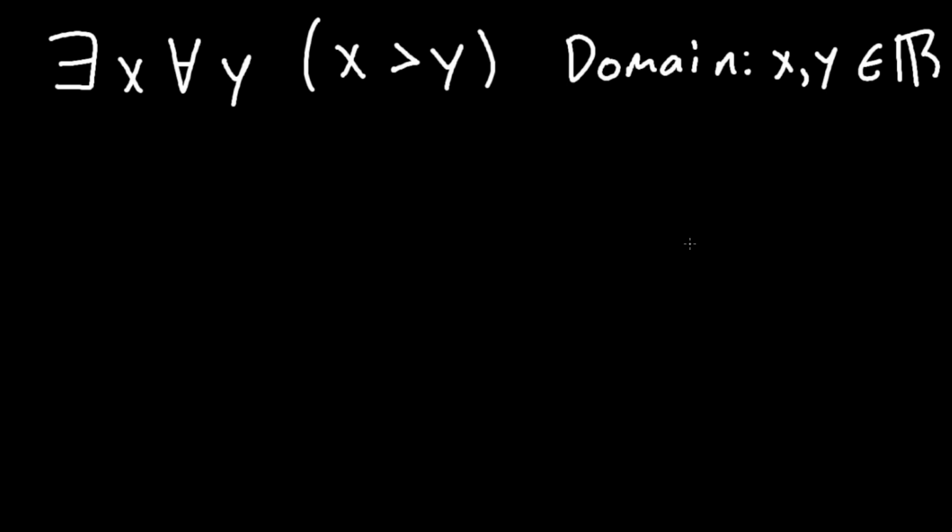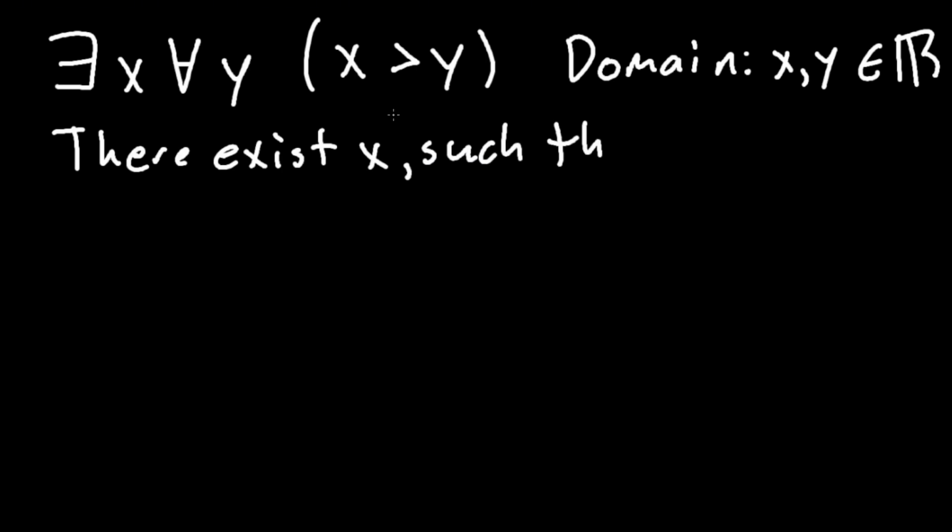How does this change our statement? Well, let's first write this in English. We have a there exists quantifier, so let's write down there exists x such that for all y, x is greater than y.